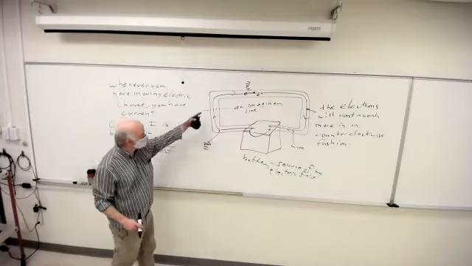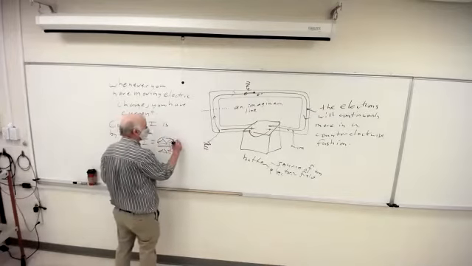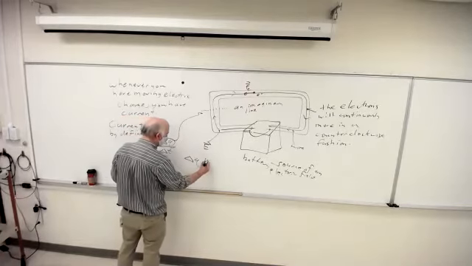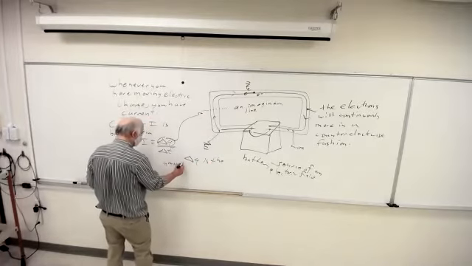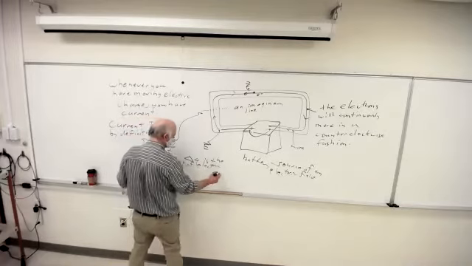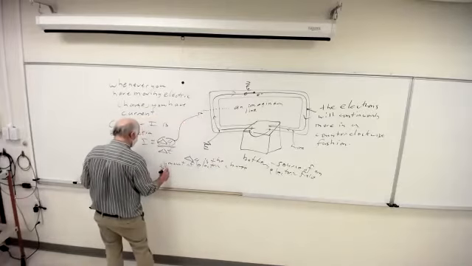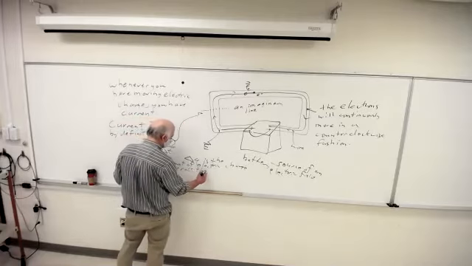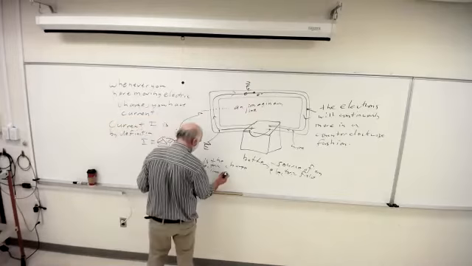In a certain amount of time, there's going to be a certain amount of charge that goes through. So delta Q is the amount of electric charge that crosses the line, and the time is delta T.